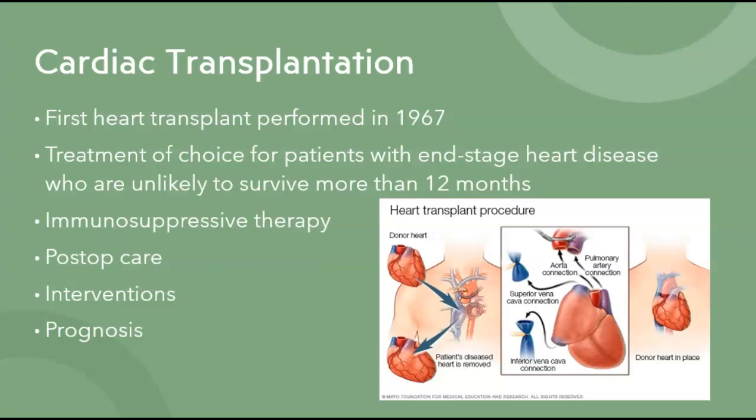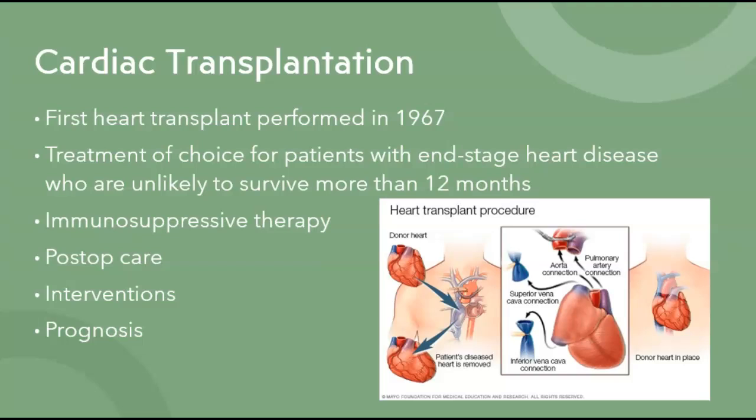During transplant, cardiopulmonary bypass is going to be used during the procedure. They are also going to have immunosuppressive therapy before the procedure. So this is going to help reduce transplant rejection and slow that rejection process that can occur with transplants.